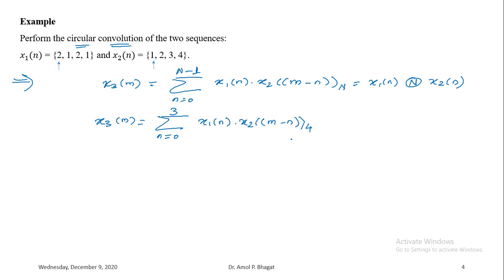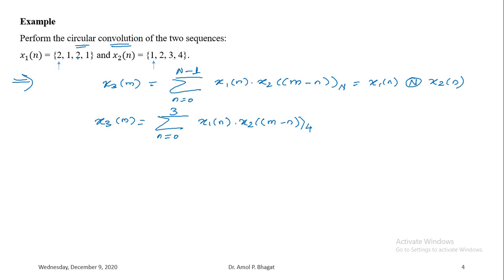Basically here we'll be performing this circular convolution graphically. It is desirable to graph each sequence as points on a circle to find the circular convolution. So these sequences x1 of n and x2 of n can be graphed in the counterclockwise direction on a circle. Counterclockwise means anti-clockwise direction.